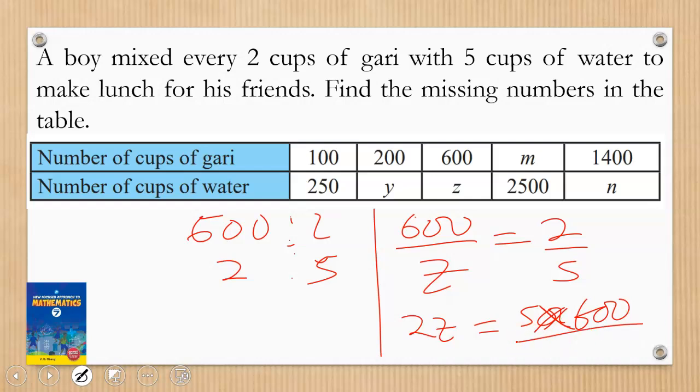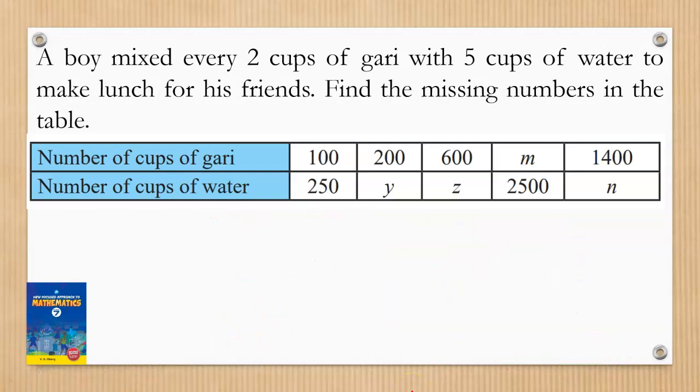When we divide both sides by 2, we have z is equal to 5 times 600 divided by 2. And when we do simple cancellation, 2 divides itself as 1 and divides 600 as 300. So we are going to have 5 times 300, which will be 1,500.